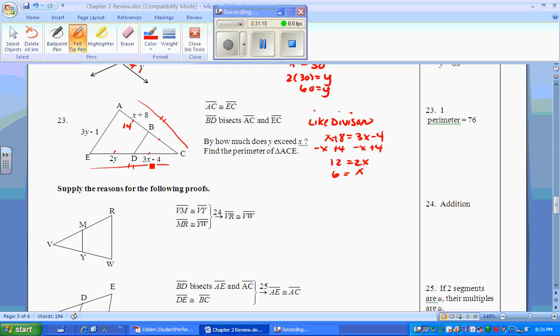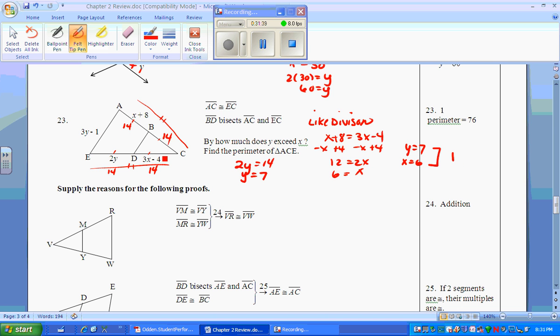When I plug it back in, this makes this piece 14, which means this piece has to be 14, and I want this piece to be 14. So 2y is equal to 14, so y equals 7. So how much does y exceed x? If y equals 7 and x equals 6, this exceeds it by 1.